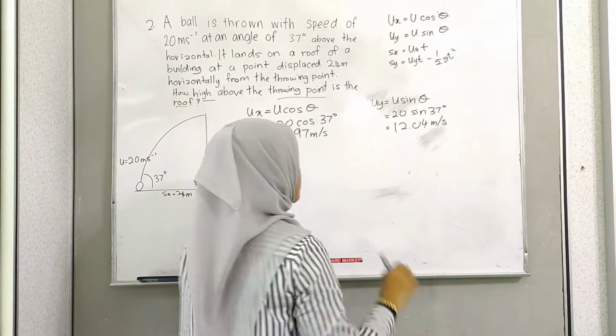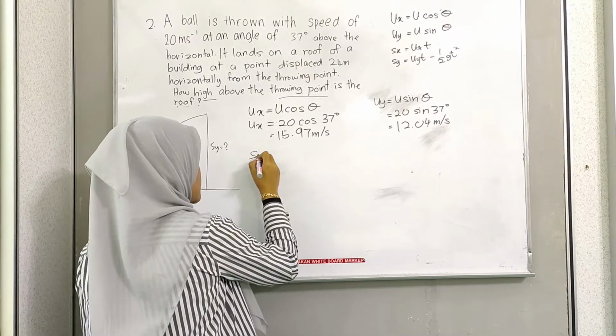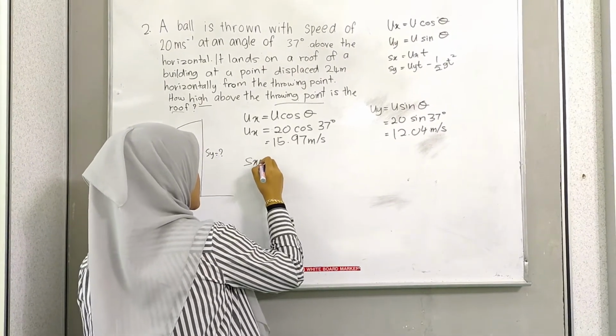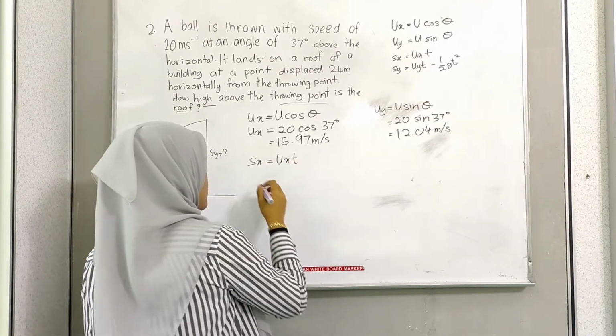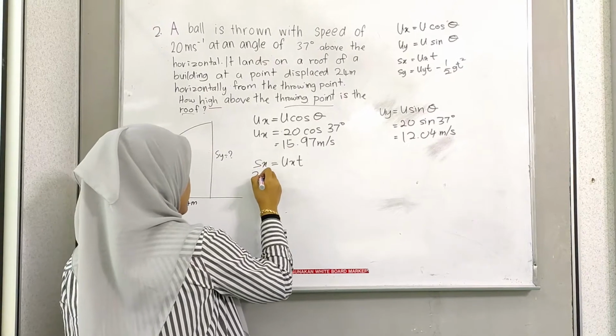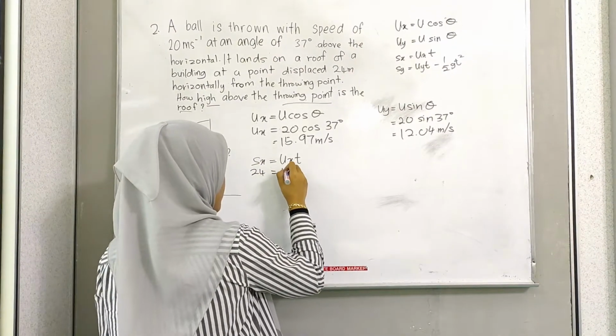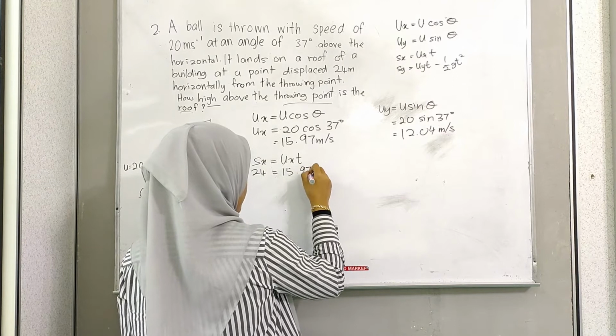So after that we want to find the sy using this formula, but we have to know the time taken. So we use this equation sx equal to ux t. Sx is 24, ux is 15.97.